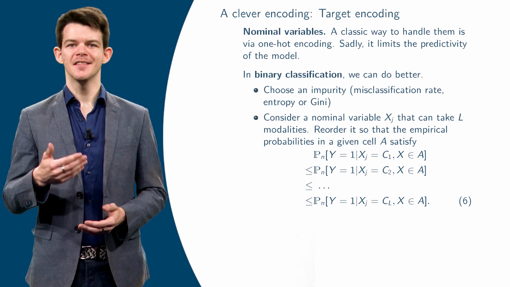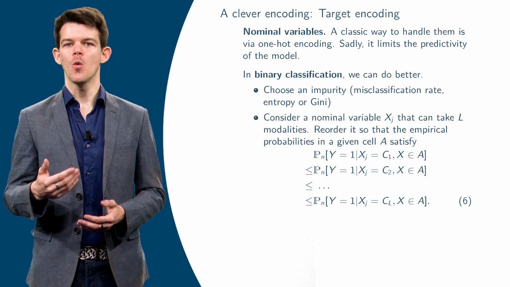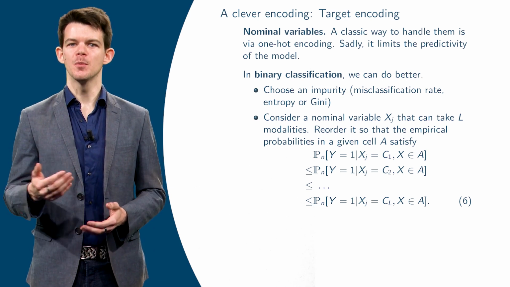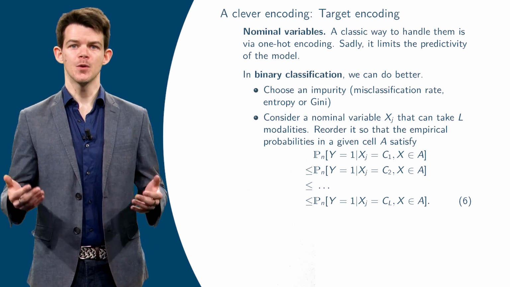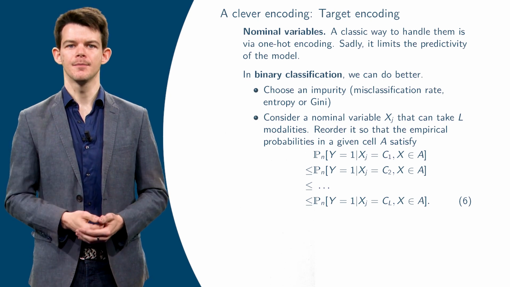In other words, c1 is the modality for which we make the most error in predicting y equal to 1. The c2 modality is the second modality for which we make the most errors in predicting y equal to 1, and so on. We have thus reordered the modalities so as to have c1, c2 until cL.